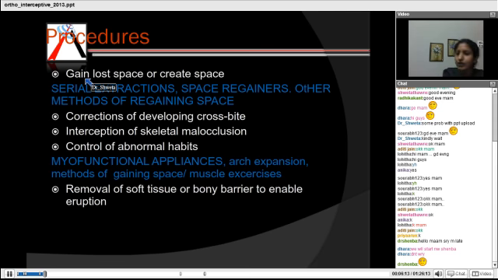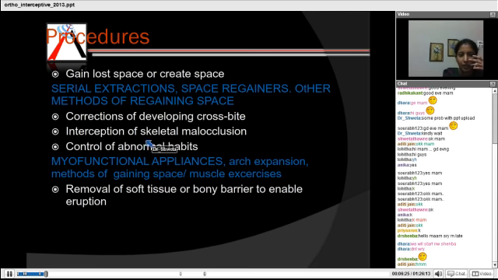Okay, so you can gain loss space or create space with serial extractions, space regainers, and there are some other methods also of regaining space like proximal stripping, disking, distalization of molars, etc. Okay, and how do you correct crossbites and habits? You do it with the help of myofunctional appliances, arch expansion methods, muscle exercises, etc.